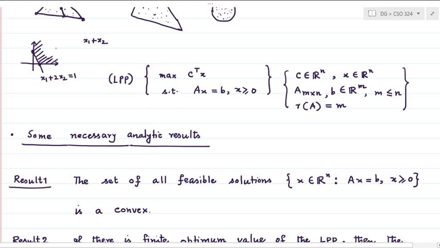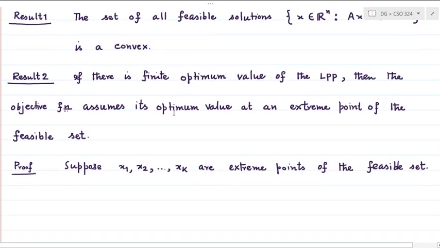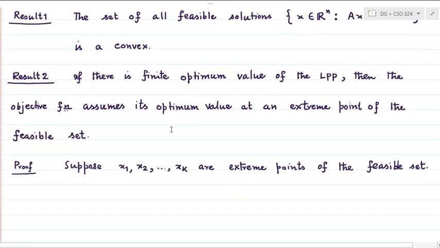Fine. So when the objective function, or in general the objective function c transpose x, gets a maximum value, by that I obviously mean that there is a point in the feasible set at which this function c transpose x gets its maximum value. Fine. And we have assumed here there is a finite optimum value of the LPP. So there exists a point.